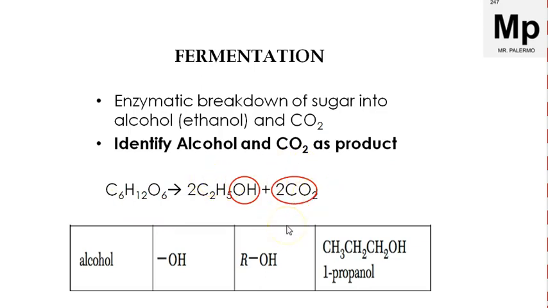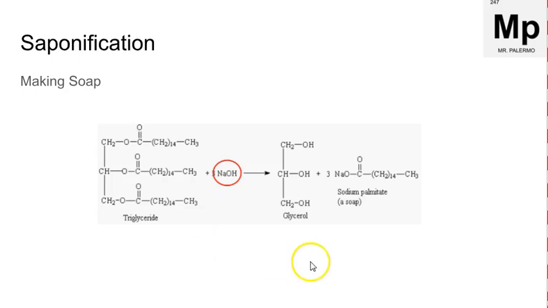So how do you know this is fermentation? You're making an alcohol. How do I know it's an alcohol? Table R, here's my functional group OH, attached to some sort of organic compound. Saponification, we're making soap. It will often say soap as a product. We're using fat and a strong base, sodium hydroxide, to make this glycerol and our soap.